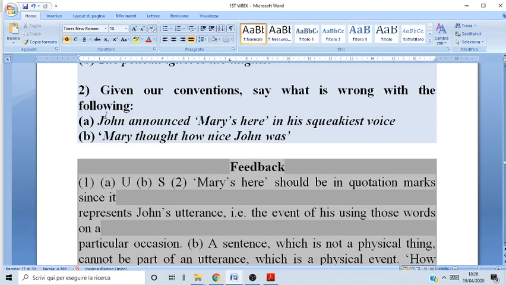In this case, John announced Mary's here in his squeakiest voice. This should be with double quotations. And in this case, Mary thought how nice John was is combining two things because there's both italics and the quotation marks. So we cannot understand whether it's an utterance or a sentence.